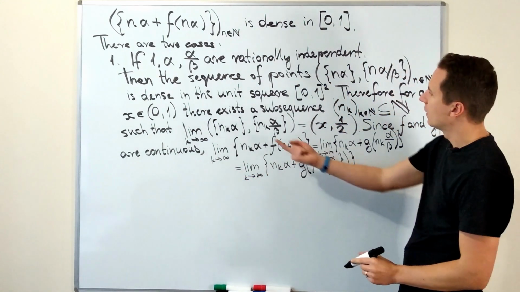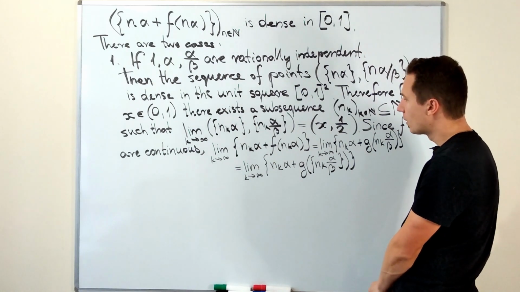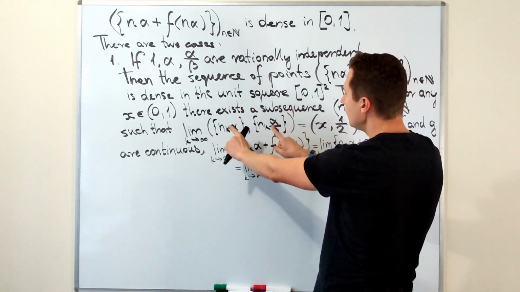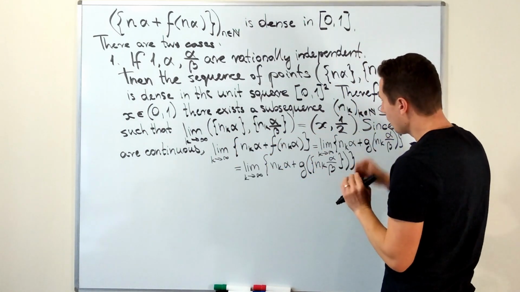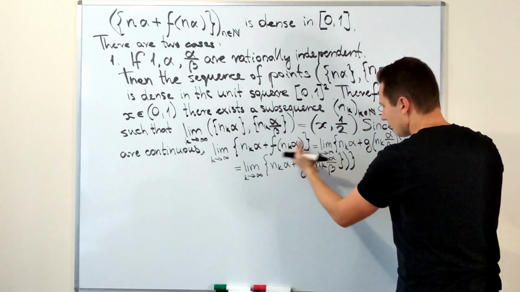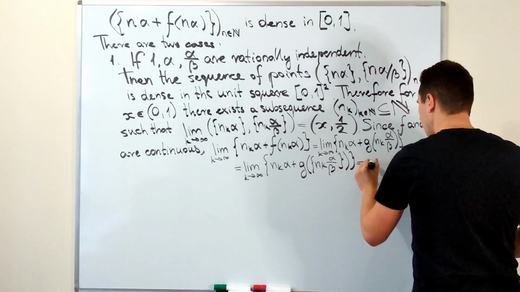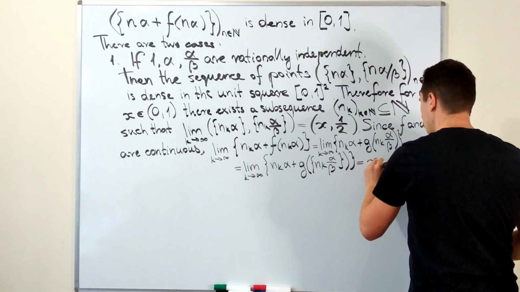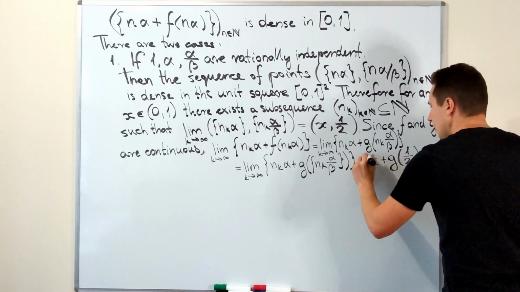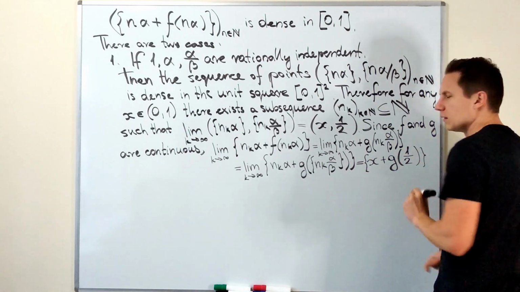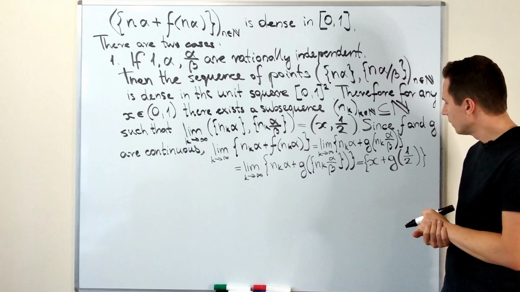And now we can use that g is continuous, meaning that if these coordinates go to x and 1/2 respectively, then the limit of this expression will be x plus g of 1/2. Well, we should take the fractional part of that, but it goes to this number.